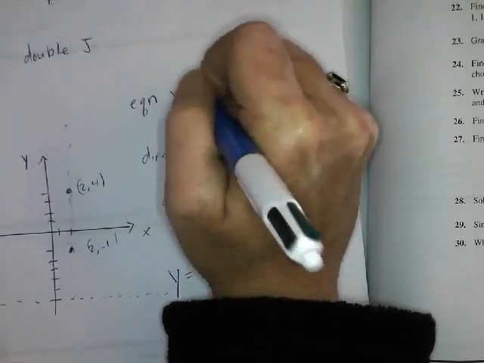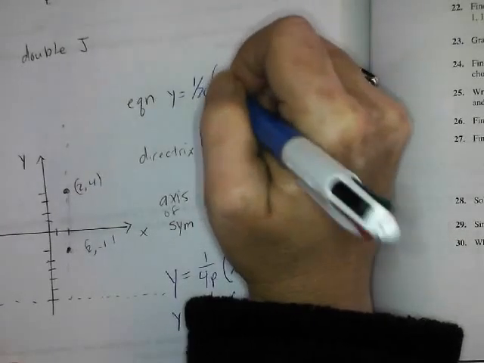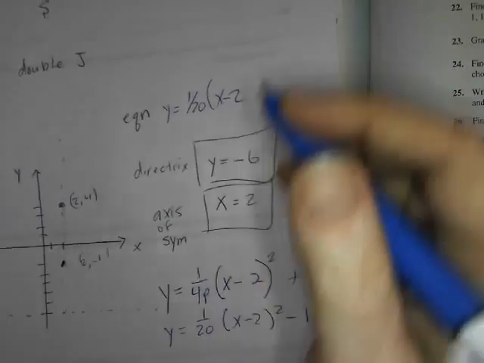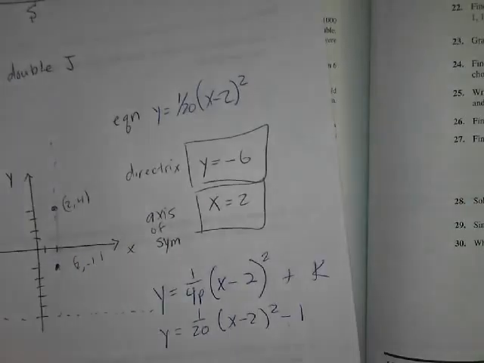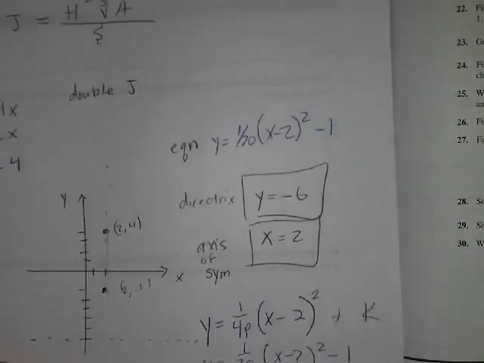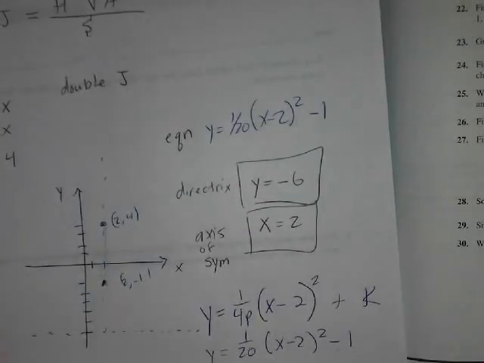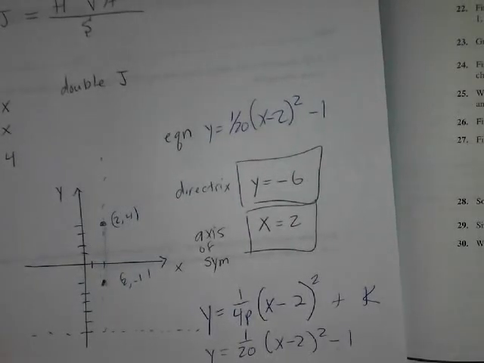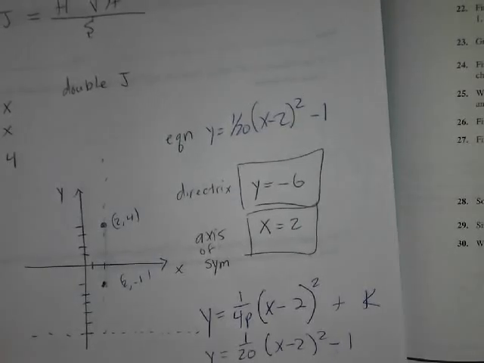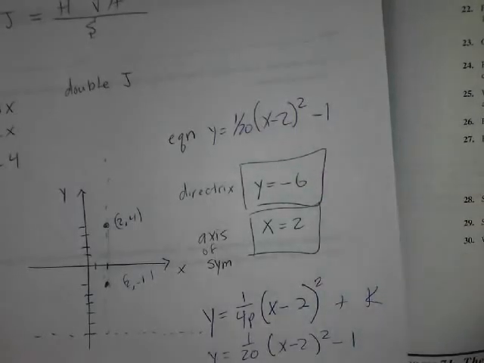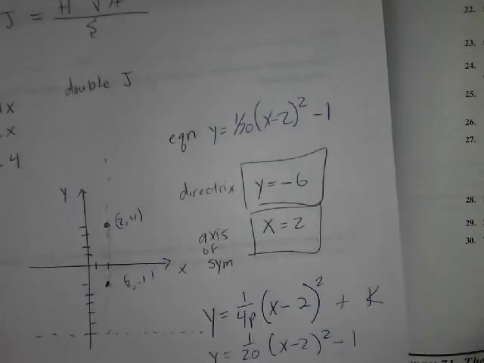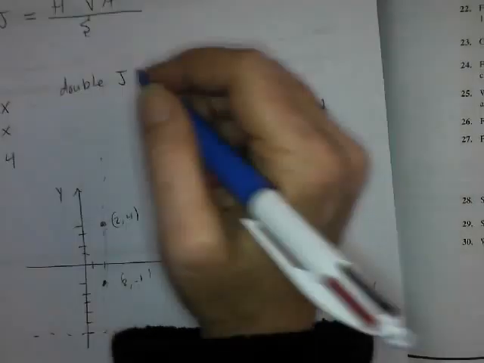Okay, so y equals 1 over 20 times (x minus 2) all squared minus 1. And then, so I kind of have it, but I need to give it a shape. So to give it a shape, I'll probably just plug something in.